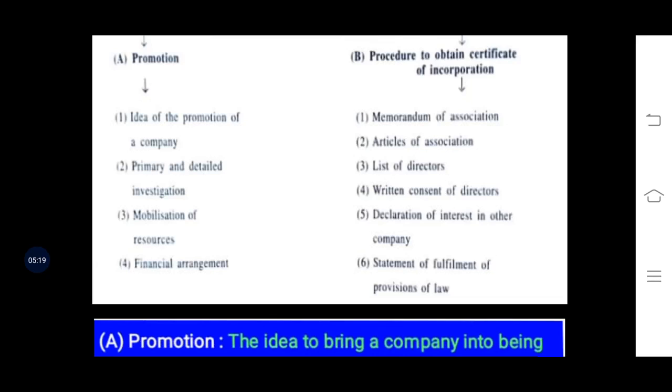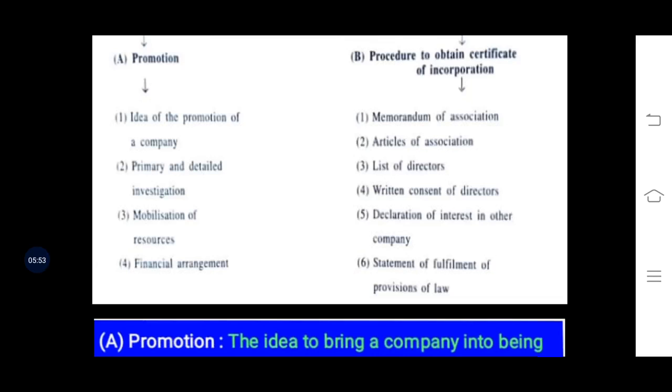The Memorandum of Association is the basic concept of the company, and the Articles of Association deal with the inner management of the company: how the company will work, for how many hours, how much the salary will be, and how the labor and machinery will work, the material or kind of work, the process of work, everything.